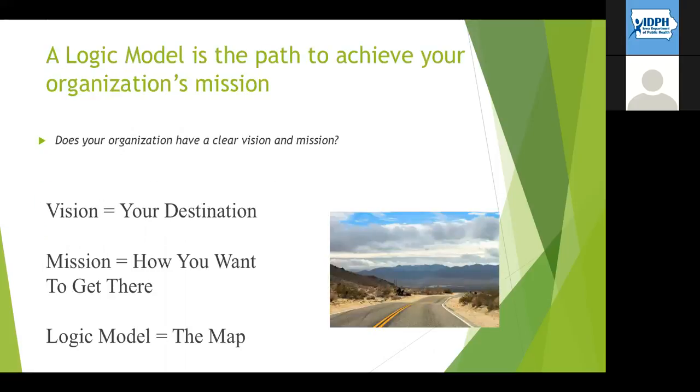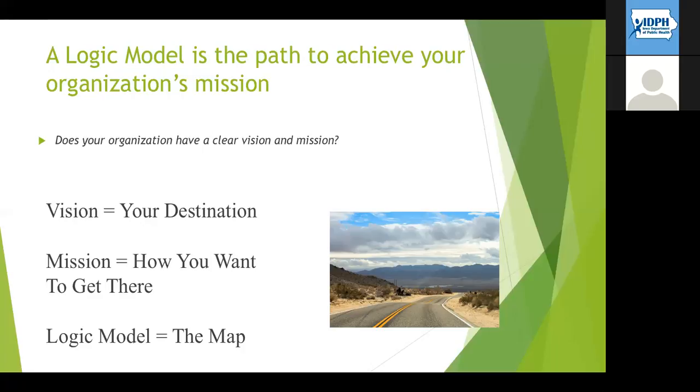And so without further ado, we're going to jump in. So really, a logic model is just a path. And for those of you who were at our sustainability training about a month ago, we talked about this. We talked about a logic model is a map, but it's not a map that's in isolation. It's in the context of the vision and mission of your organization. And so we can't just jump right into talking about logic models.